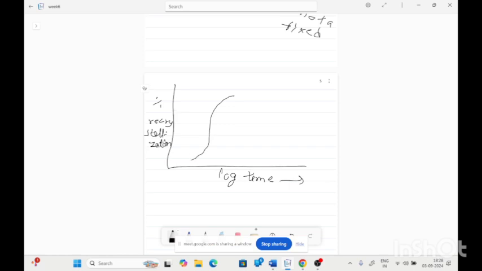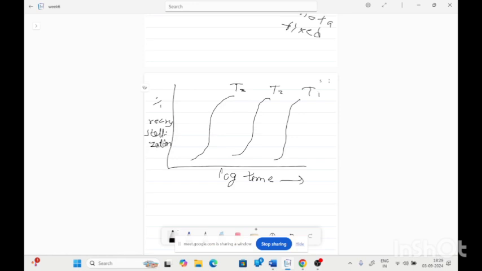Let's say this curve is for some temperature T3, this curve will be for another temperature, and this curve for another temperature.